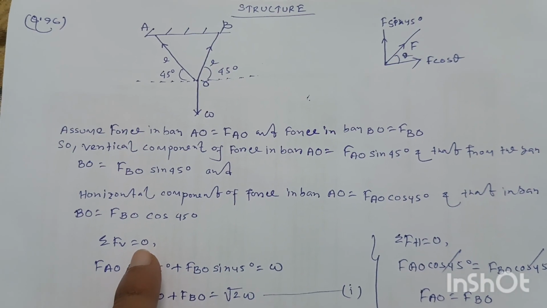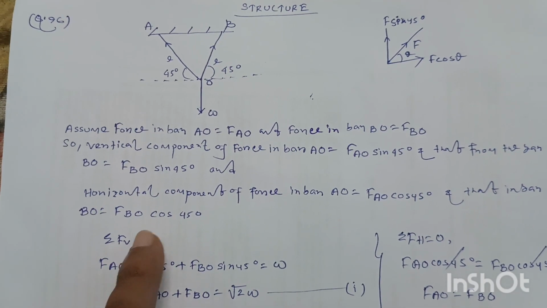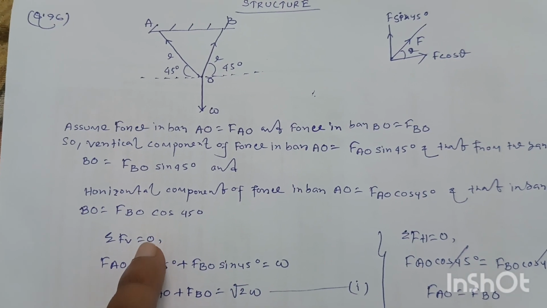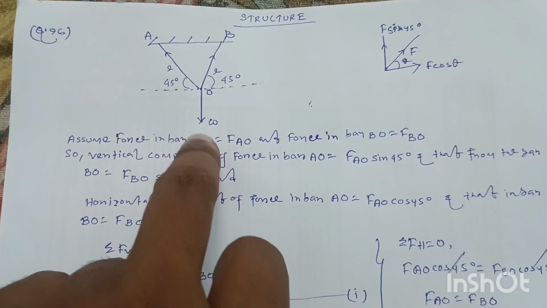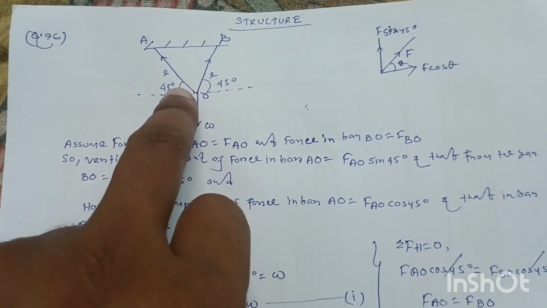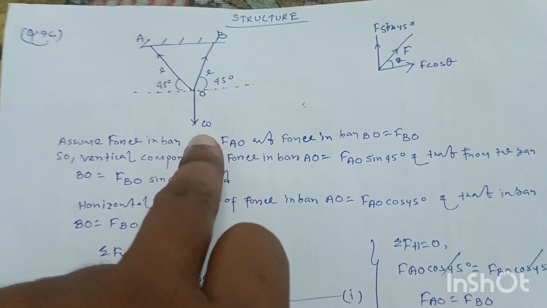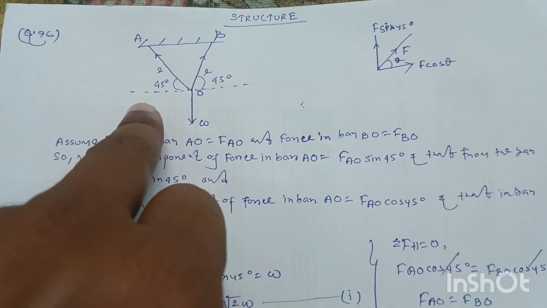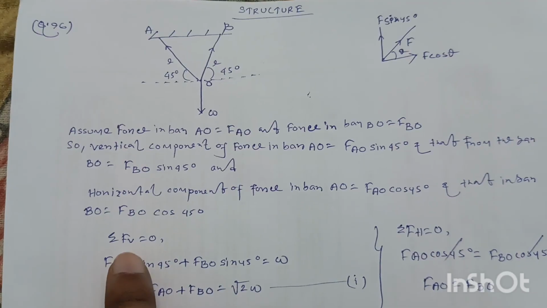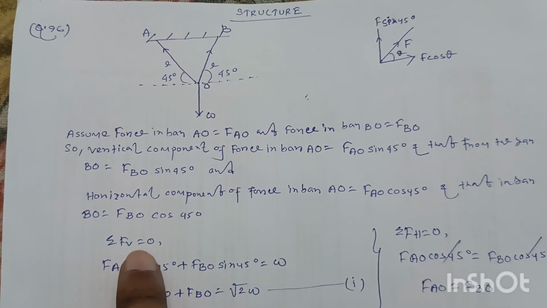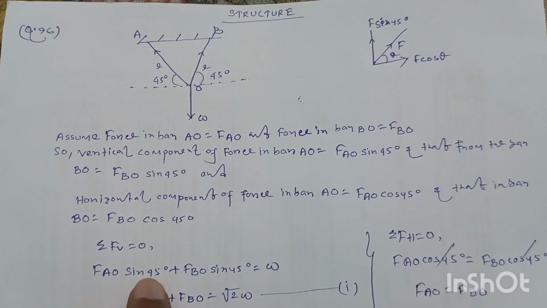Now, for the sake of equilibrium, we know that the summation of all the forces in vertical direction is equal to 0. As this load is downward, the forces in both the bars AO and BO will be upward, and that's why the system is in equilibrium. So from equilibrium in this plane, the summation of all the vertical forces is equal to 0.